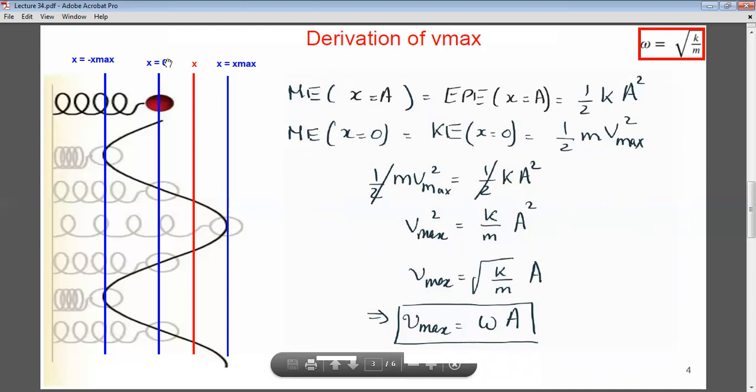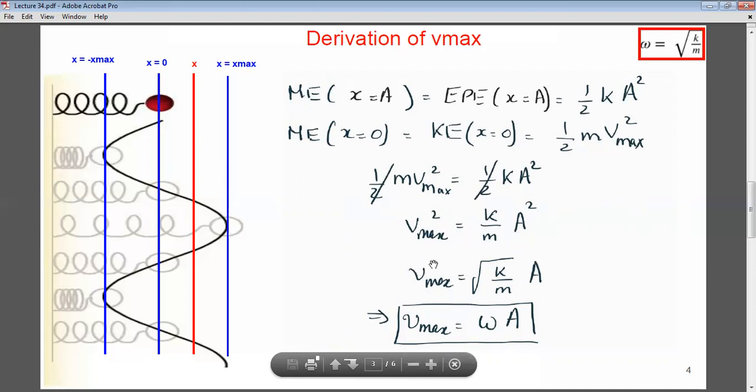Mechanical energy at x equal to 0 is kinetic energy at x equal to 0, which is half mv maximum squared. Let's put these two values equal to each other. Half mv maximum squared equal half ka squared. Remove half by half. v maximum squared is k over m times a squared.